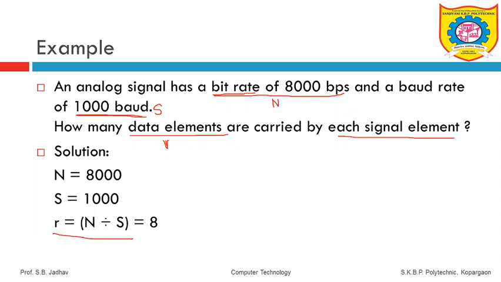R is equal to N divided by S. It gives us the number of data elements used. So 8000 divided by 1000 results in 8. So in this transmission 8 data elements are used.